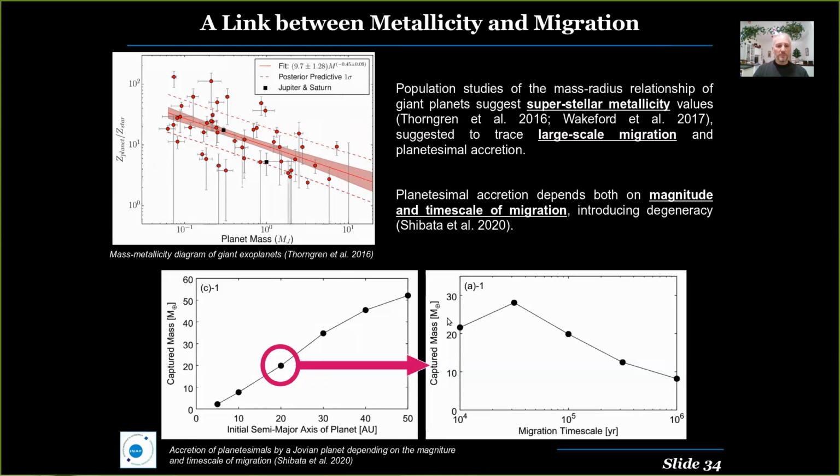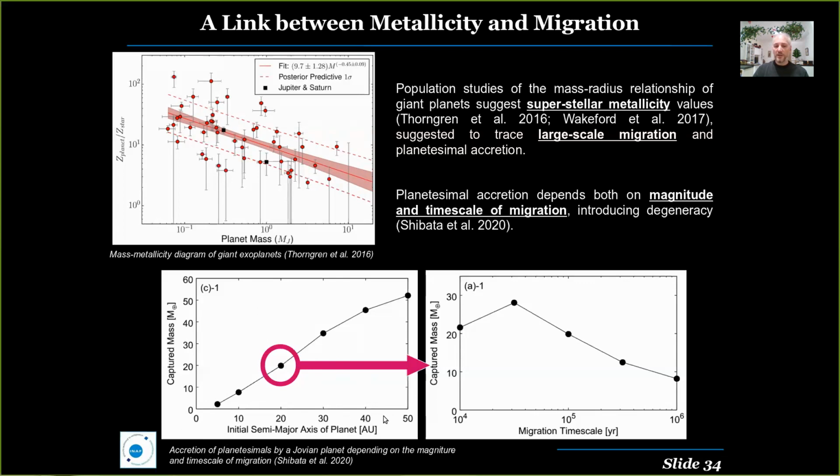In all these simulations, the planet stops its migration at 0.4 astronomical units, so it becomes a hot Jupiter, or more properly a warm Jupiter, because its temperature would be of the order of 1000 Kelvin. And you can see that keeping fixed the final position of the planet, we have different starting points, therefore different extents of migration.